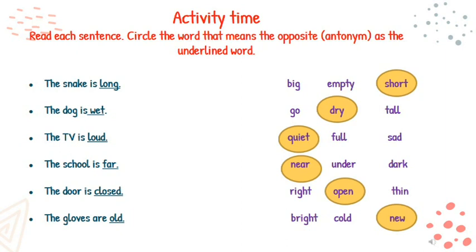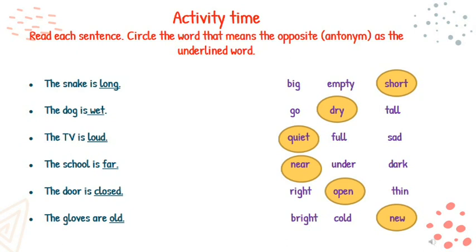The dog is wet. What is the opposite word of wet? Dry. Yes, well done students. Third one. The TV is loud. What is the opposite word of loud? Quiet. Yes, well done.